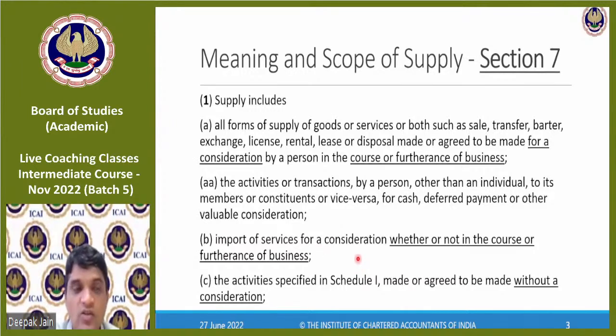Importation of services. If you do any importation of services for a consideration, even if it is not in the course or furtherance of business, it is still deemed a supply. Because they specifically mention that whether or not it is in the course of business, if there is a consideration involved, then it is an import of service.